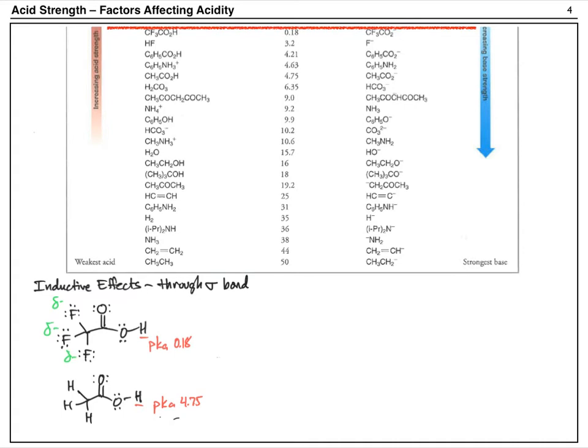We know that there's not a great difference in electronegativity between carbon and hydrogen. So essentially what is happening? The fluorines are acting as electron withdrawing groups. So let me write that down.